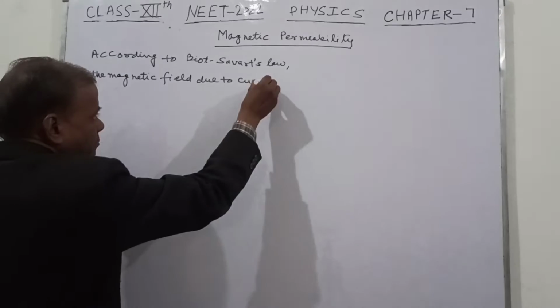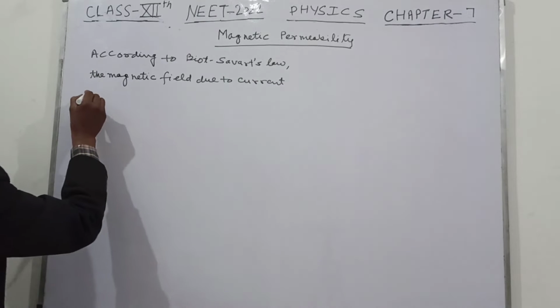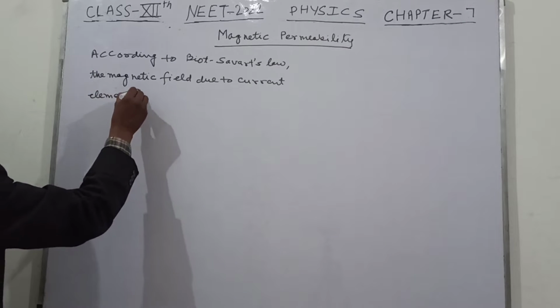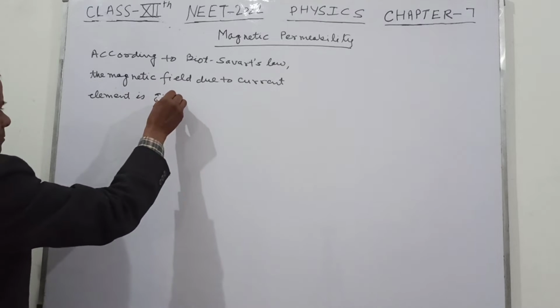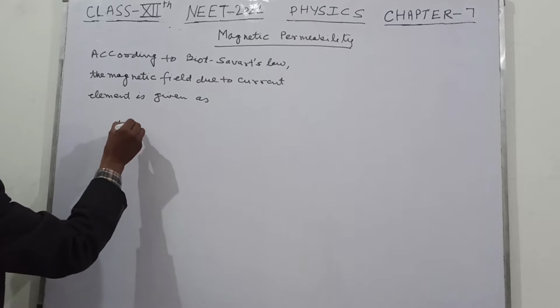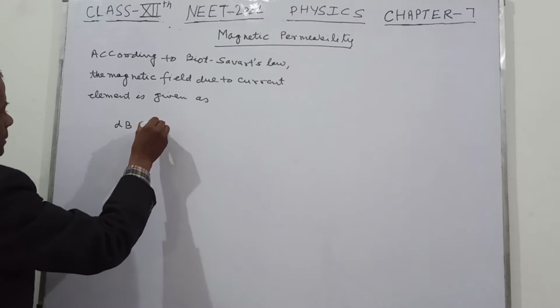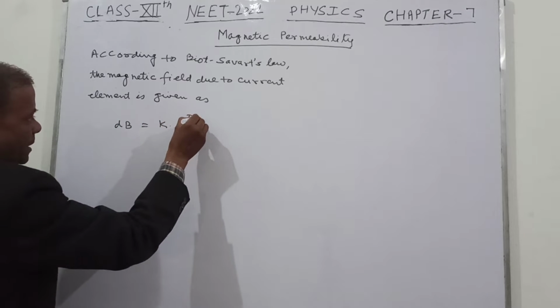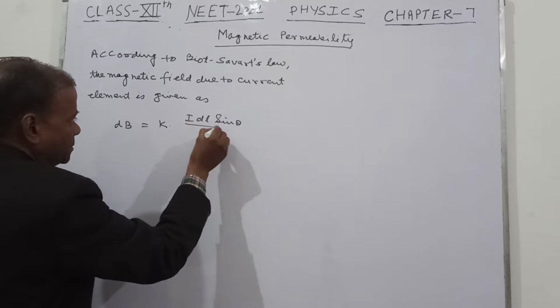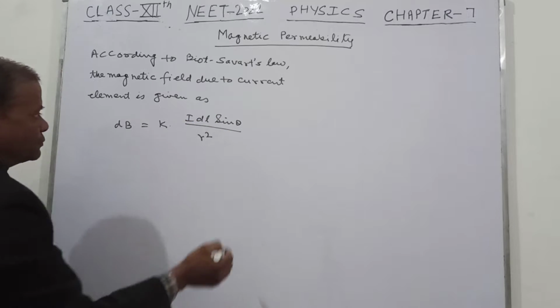the magnetic field due to a current element is given as dB equal to a constant K I dl sin theta upon r square.